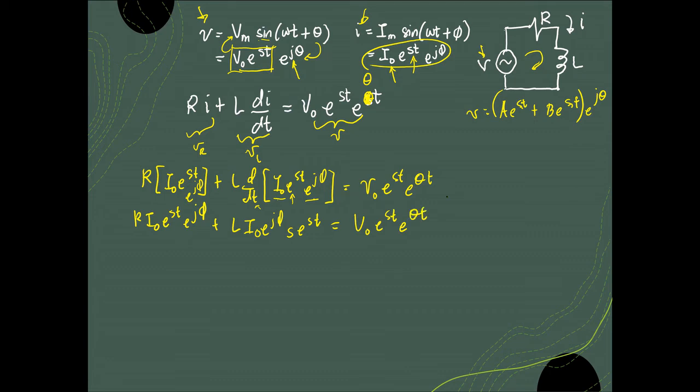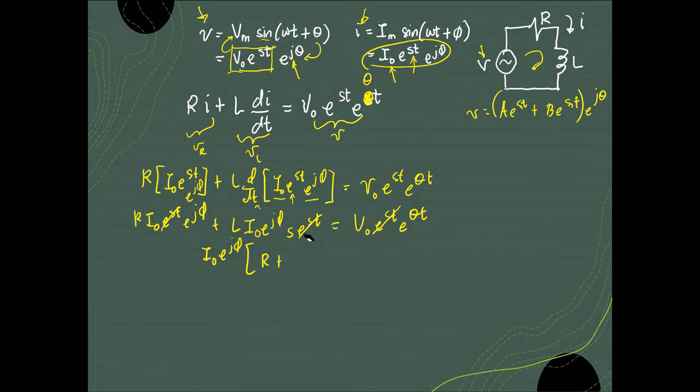Now if you can cancel something, you can actually cancel this one here. Then you can separate e to the jp, then R plus Ls.